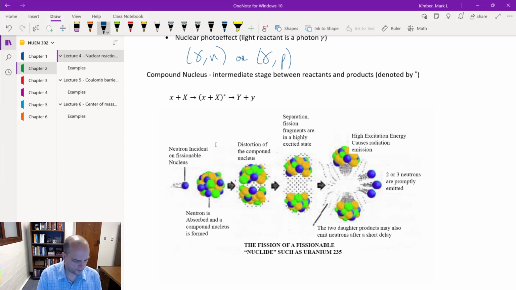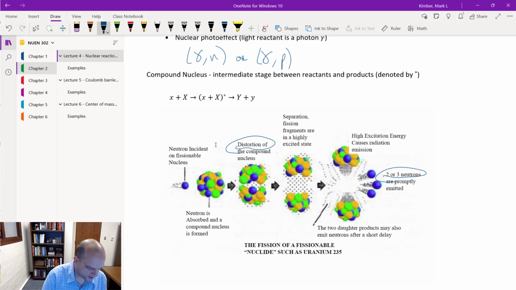It's a new isotope at a higher energy level than it normally would be. And so this higher energy level causes the compound nucleus to distort, and then in the example of fission, I have separation of fission fragments in this highly excited state, and by virtue of those two daughter products being formed, you get 2 or 3 neutrons that are promptly emitted from that process as well.